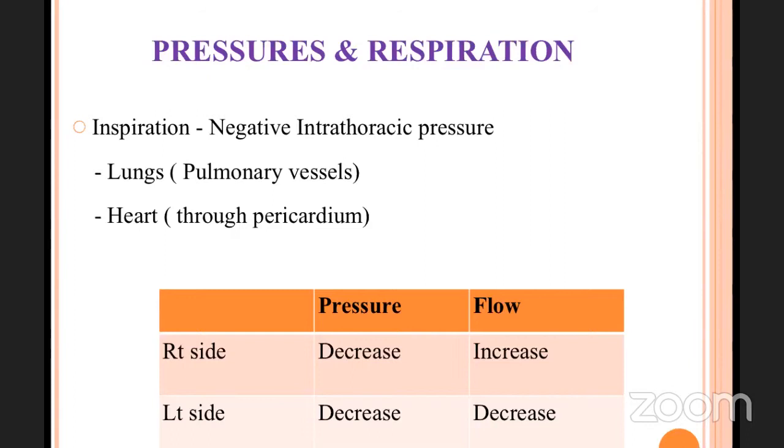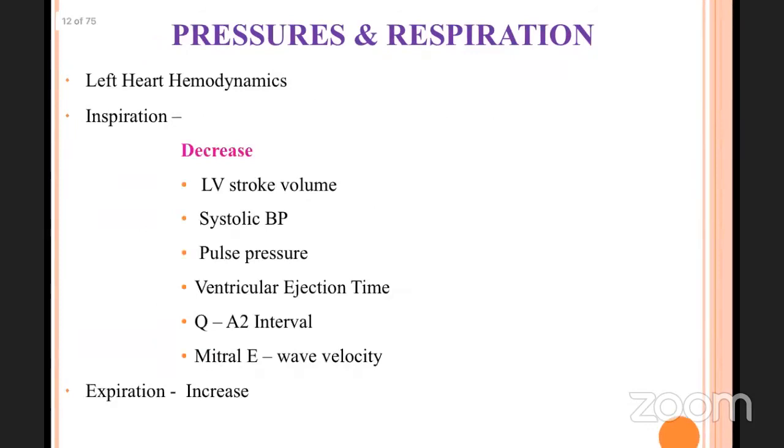Now, if you see it here, when you inspire, the right heart dynamics, we have already told you that in spite of increase in the flow, there will be a fall in the pressure because the negative intrathoracic pressure is transmitted to intrapericardial structures. Left heart dynamics is that during inspiration, there's a decrease in the venous return to the left atrium and consequently the left ventricle.